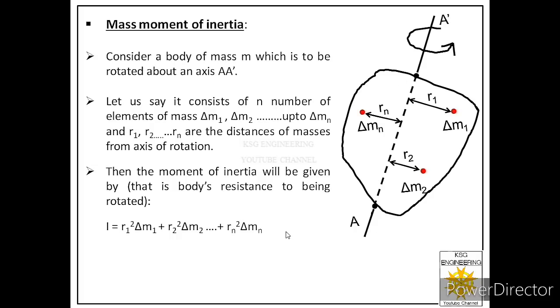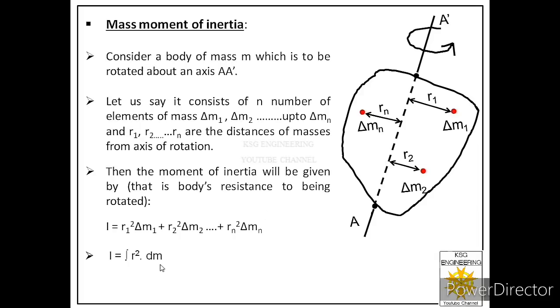And we can write this equation in terms of integration like this: I is equal to the integral of r square dm, where dm is the mass of the smallest element considered by us in the body, and r is its distance from the axis of rotation.